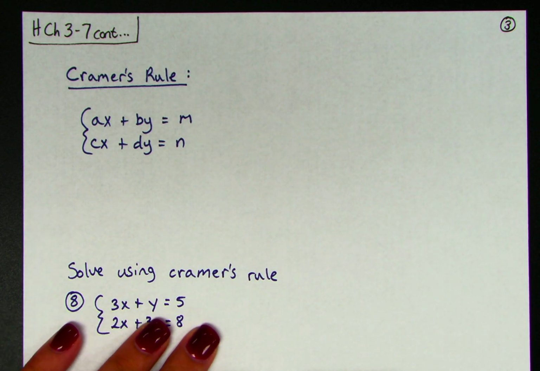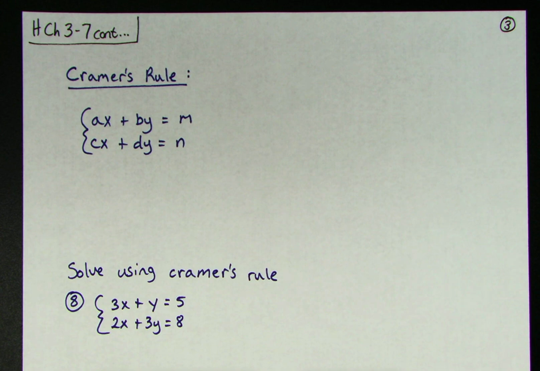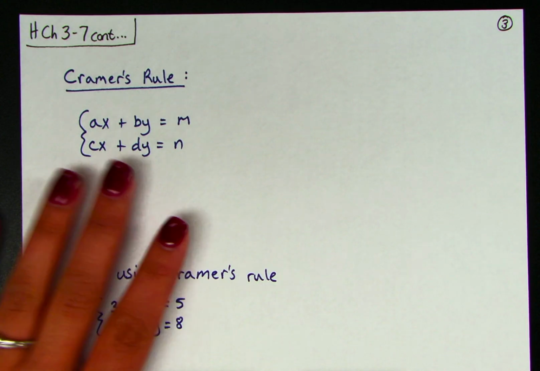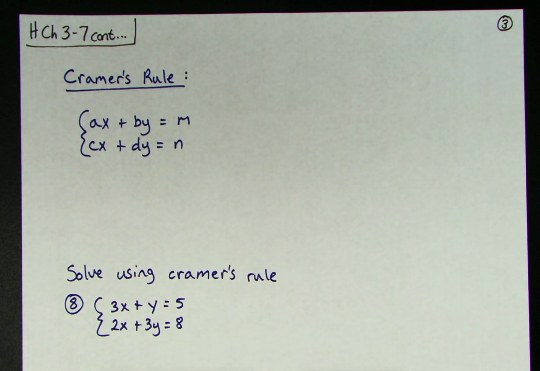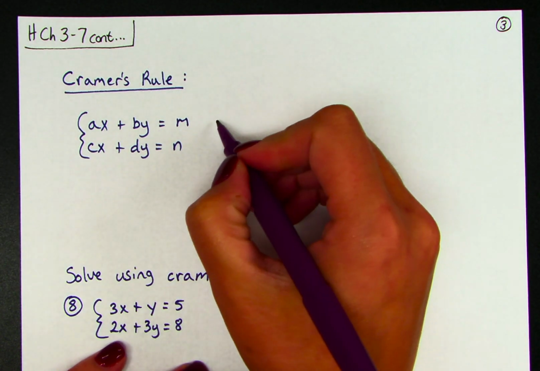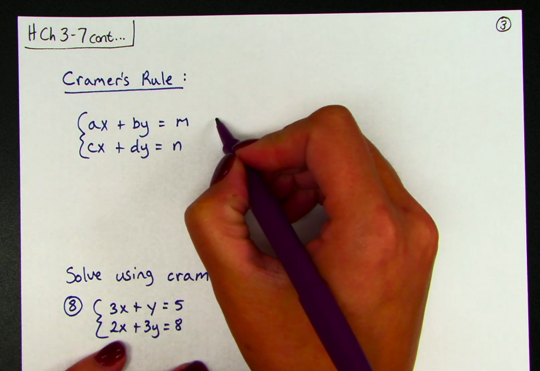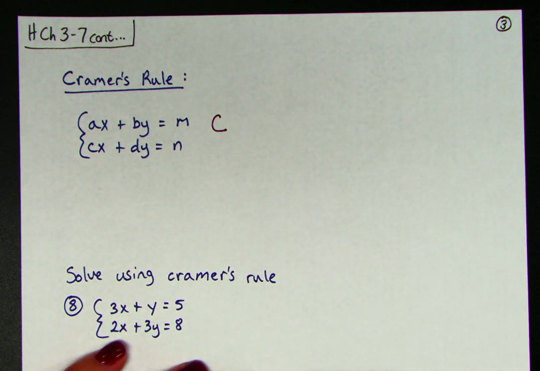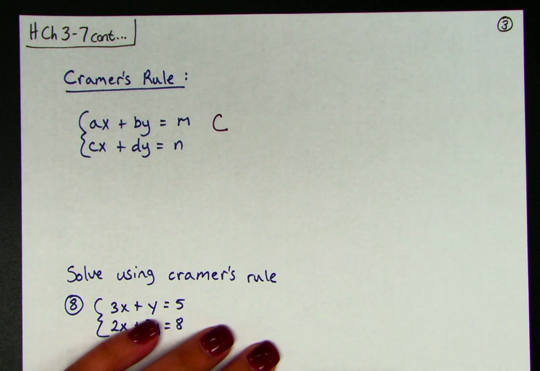And when we write our matrices, we are using the coefficients of our terms here and then the constants. Okay. So our first matrix, I'm just going to use the letter C for coefficient. Now I think in ALEKS, when you start seeing these, it's going to use the letter D, but this letter doesn't matter.